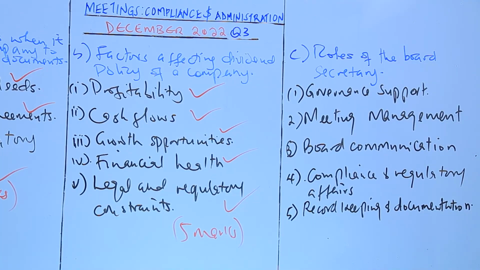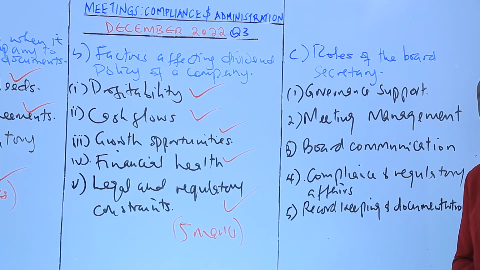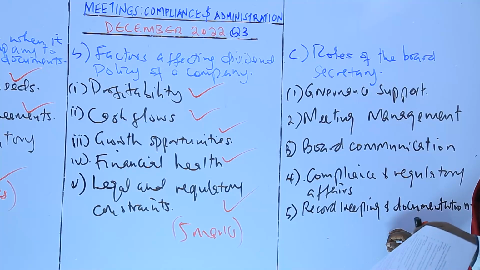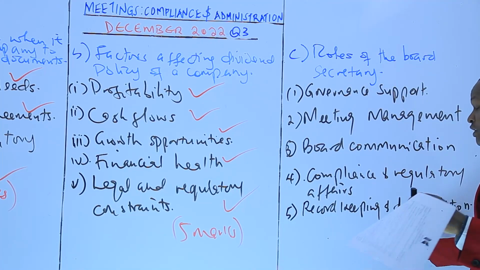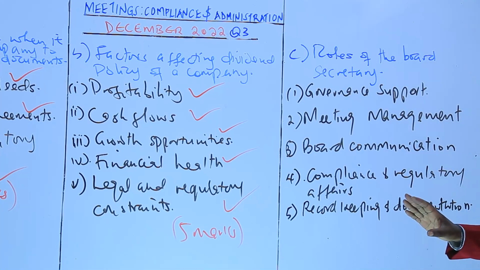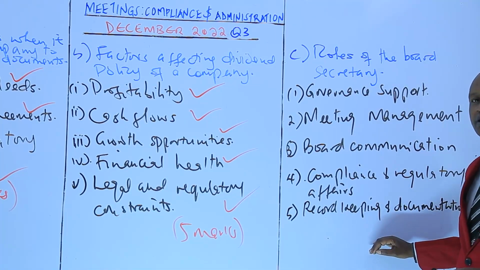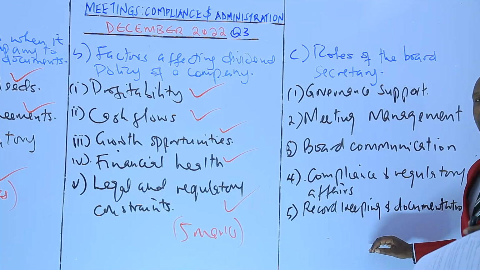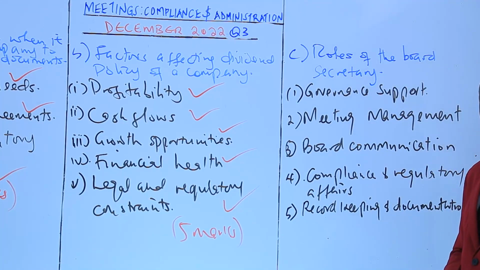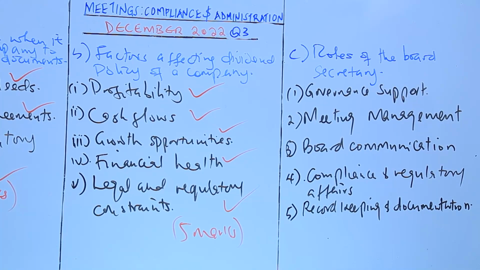The board secretary is responsible for maintaining accurate and up-to-date corporate records, including board minutes, resolutions, and other important documents. They ensure that the corporate records are properly organized, accessible, and securely stored.